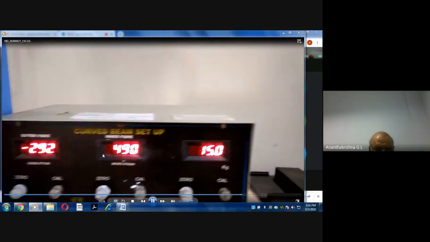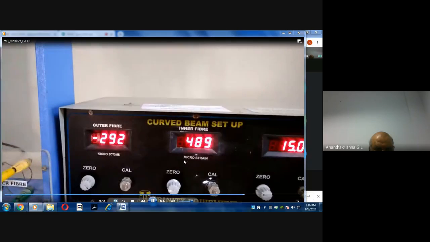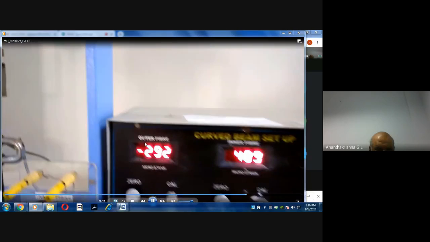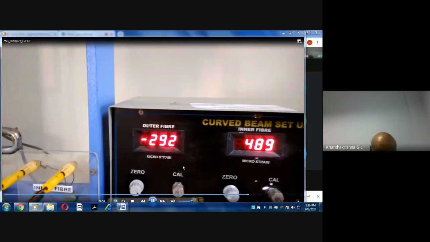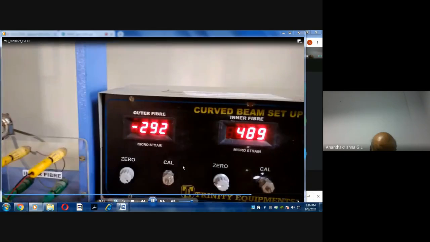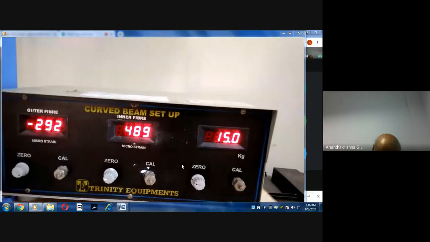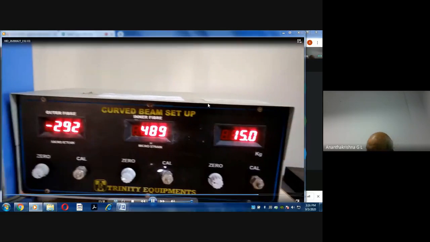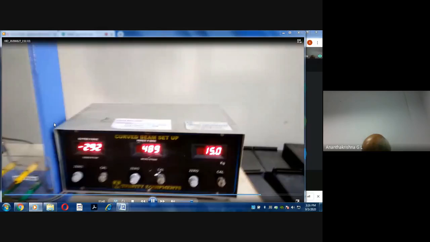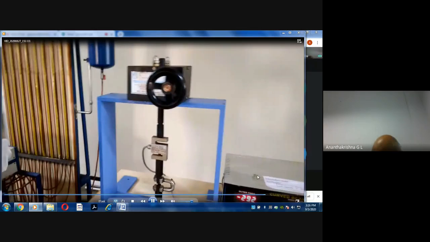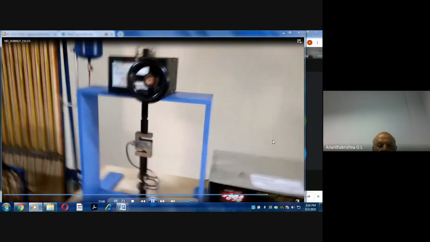For 15 kg, the strain at inner fiber is 489, strain at outer fiber is minus 292. So like this you take readings for 3 different loads and calculate stresses and strains at inner and outer fiber, and compare them with your theoretical calculations.